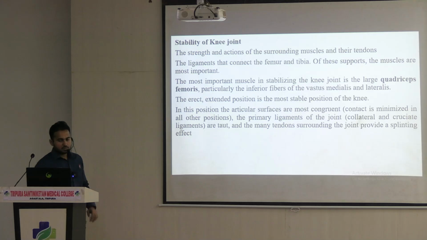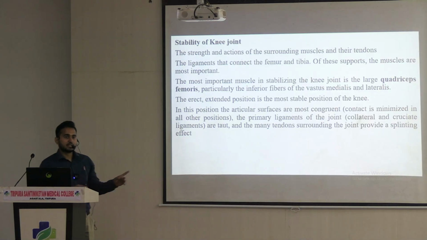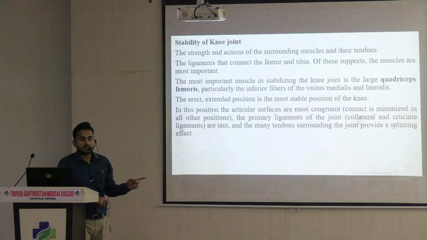Now, in the erect position, also in the extended position, that means when the knee is extended, it is the close-packed position. Yesterday, sir asked you one question related to the hip joint, that when is the close-packed position and when is the loose-packed position of the hip joint. Okay? Now, in the case of the knee joint, which one is the close-packed position? Extension, complete extension.